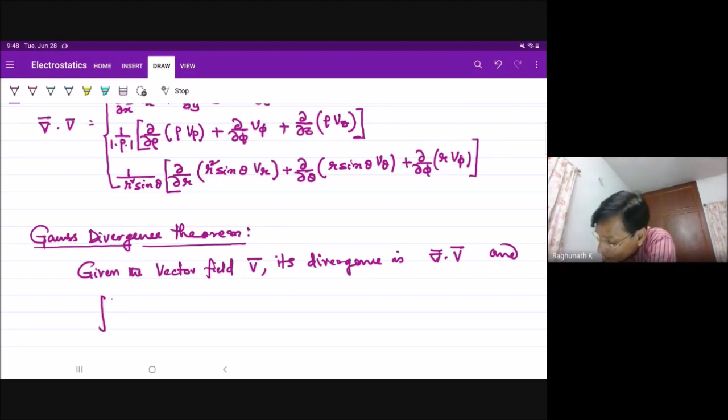Gauss divergence theorem. Closed surface integral, so many double integrals, 6 in each coordinate system.